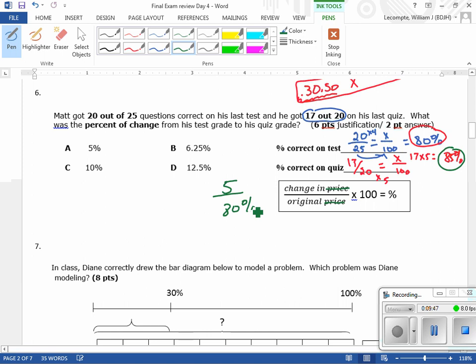So 5 divided by 80, and I can reduce this down. I'm looking for a percent, but basically I'm doing 5 divided by 80, which gives me 0.0625, and as a percent, I would move the decimal over twice, so it would actually be 6.25%.